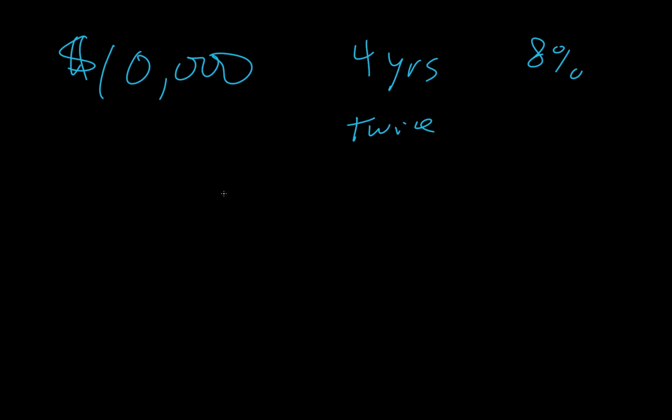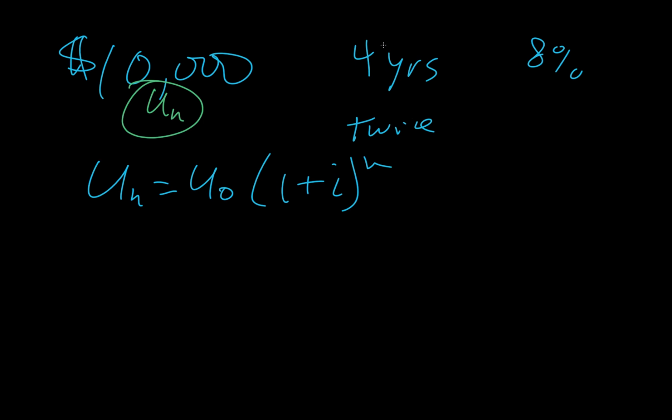So we don't know our initial value, but we know our ending value. So once again, we have un equals u naught times 1 plus i raised to the n. So this is the formula we're using. This is actually our un. This we need to multiply by 2, so our n is actually 8.